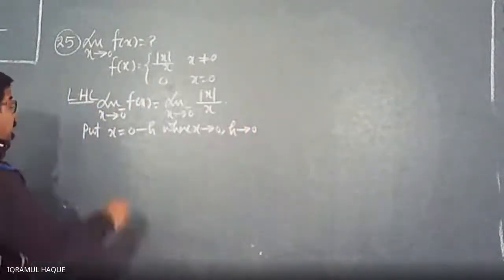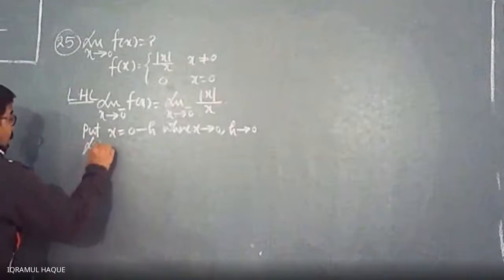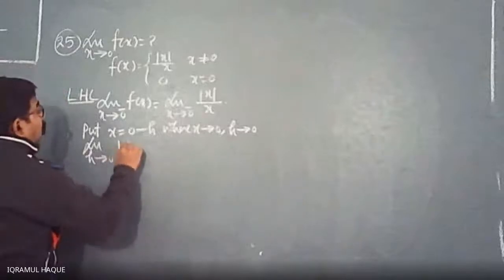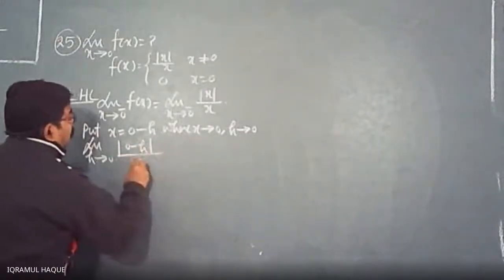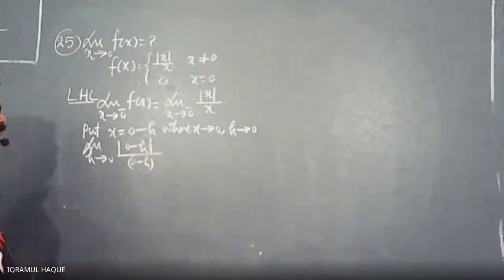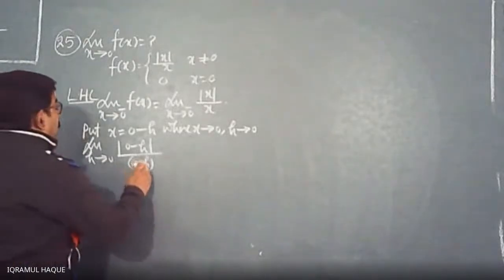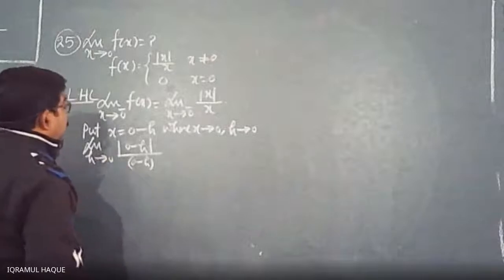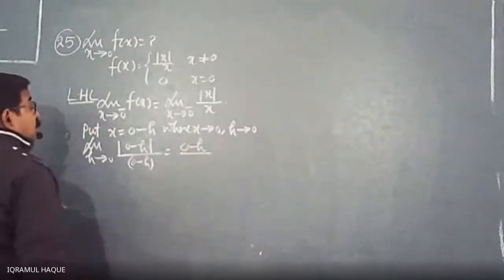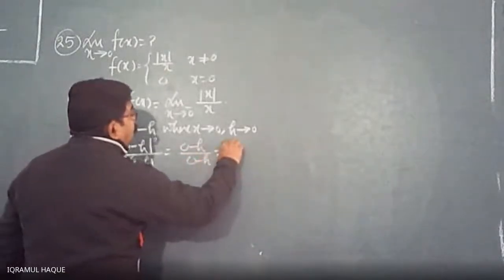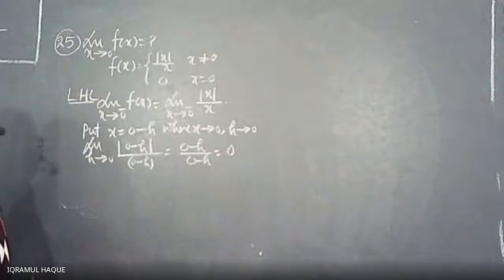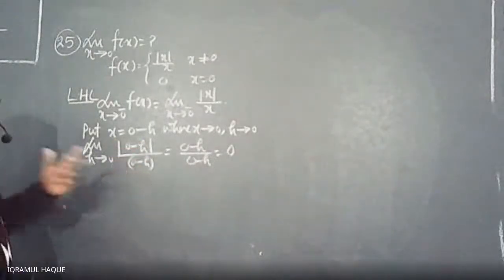So we use limit h tends to 0, and in place of x we write mod of 0 minus h upon 0 minus h.